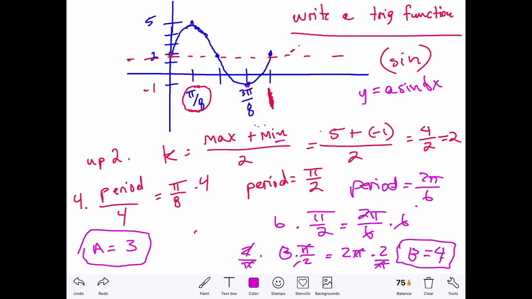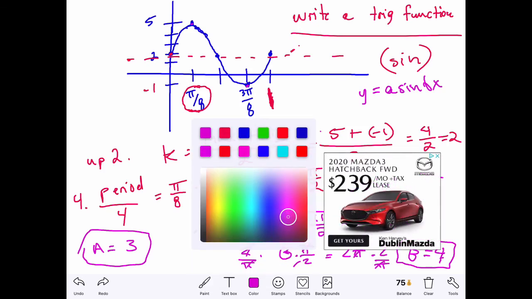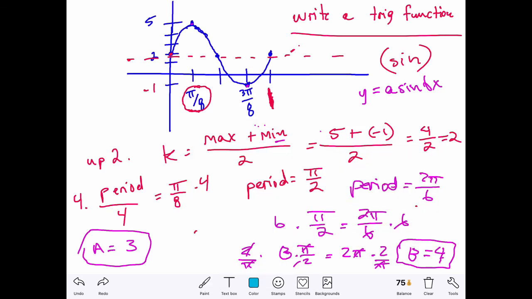Okay, so let's go ahead and write it. y equals, well, my amplitude is 3, sine, and we said b here is 4, sine of 4x. But it's also shifted up 2.